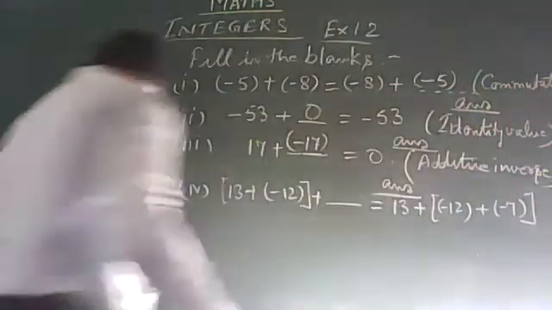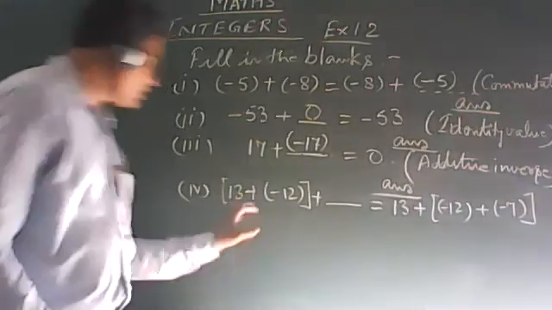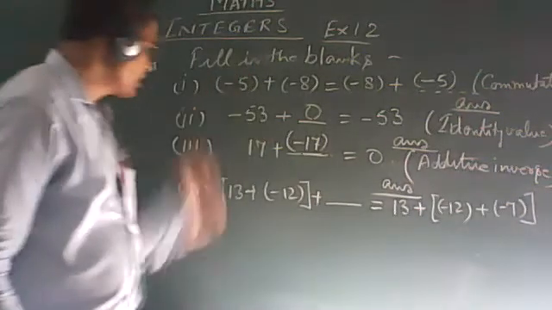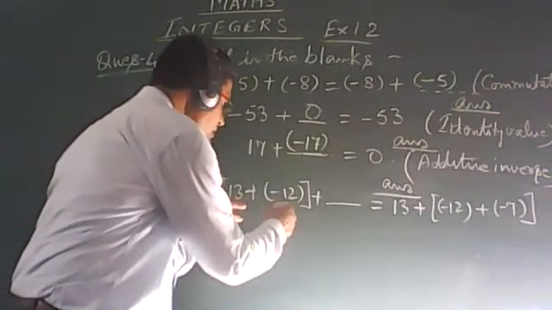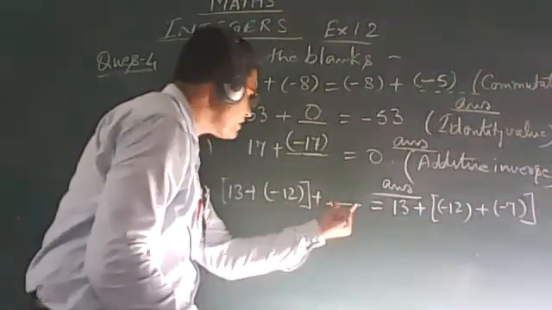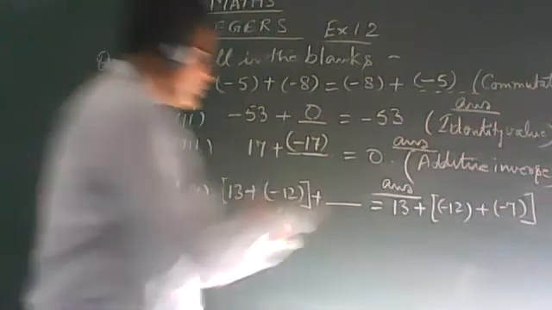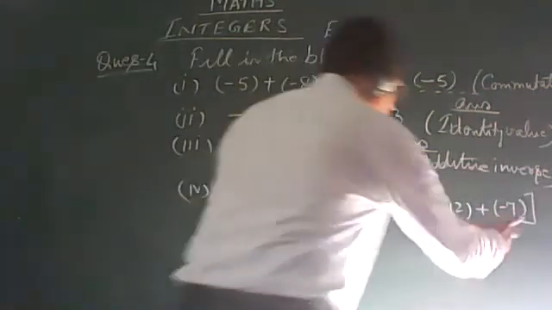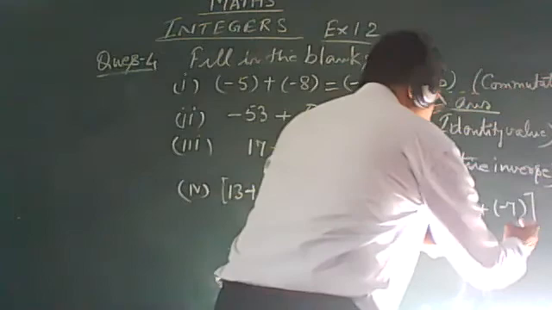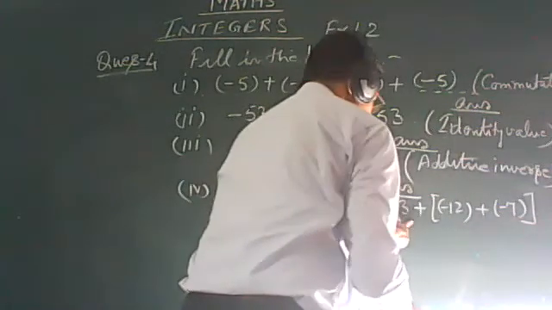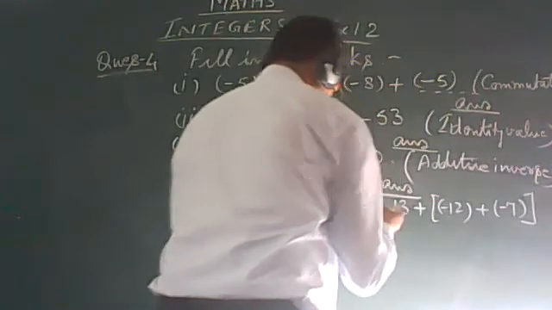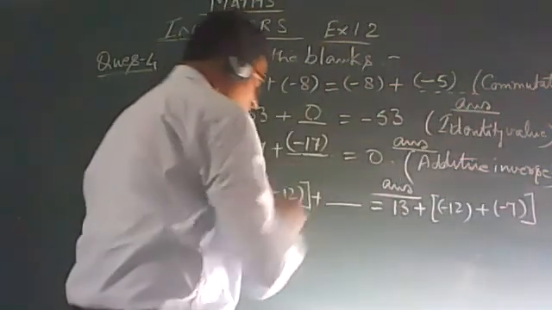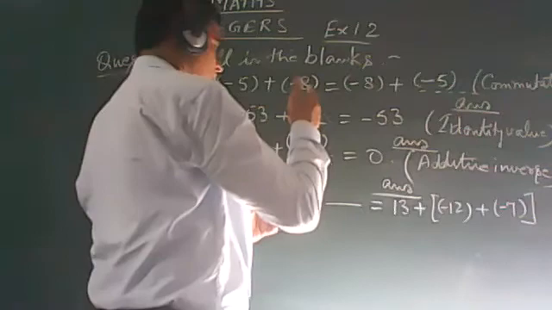In the property we discussed, there are 3 numbers. First add the first and second place numbers, and then add the third place number. If it is equal, we first add the second and third place numbers, and then add the first place number. If both are equal, by the associative property, we say this property is satisfied.